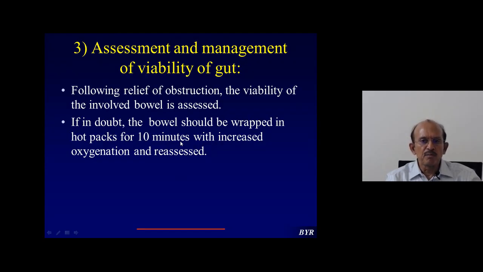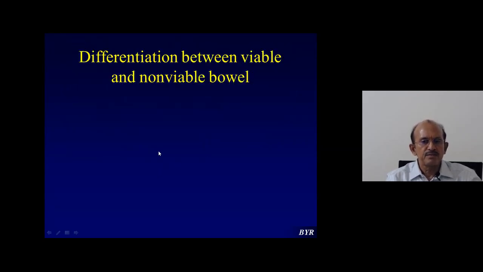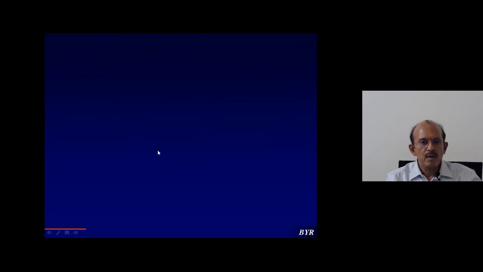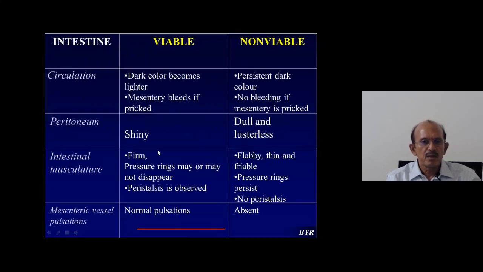Now you request the anesthetist to give 100% oxygen and reassess. After 10 minutes, if it is viable, the dark color becomes lighter, the mesentery bleeds if pricked, the peritoneum looks shiny, the intestinal musculature is firm, pressure rings may or may not disappear, and peristalsis is observed. When you feel the mesentery, you can feel the normal pulsations.